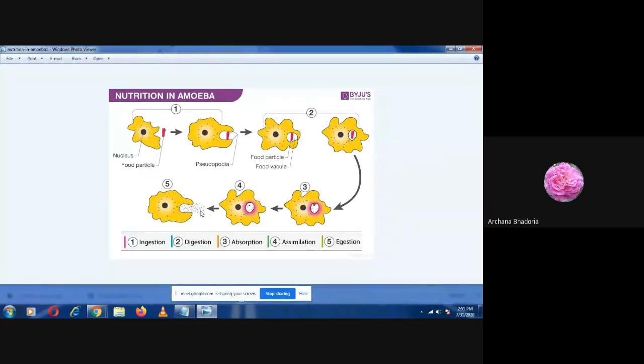Can you see these dots, children? Is it clear? So this is exocytosis. Here, all these steps are showing endocytosis. And in endocytosis, solid food is going inside, so you call it phagocytosis.